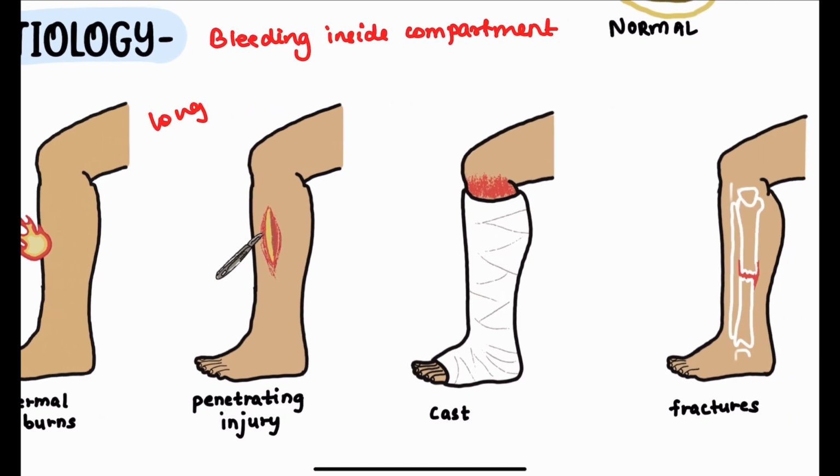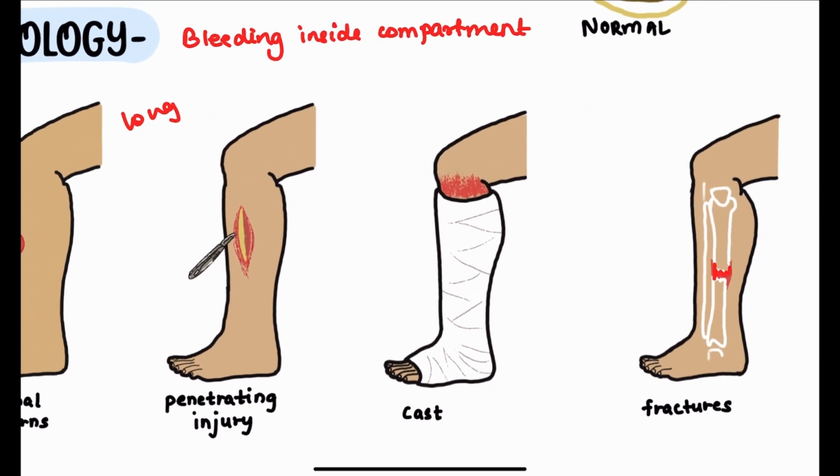The mechanism in a fracture is that there is hemorrhage and edema. Due to this, there will be an increase in the pressure within the compartment, due to which the arteries collapse and there will be reduced blood flow.